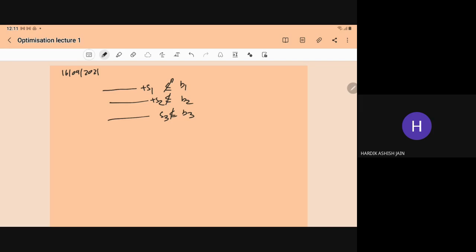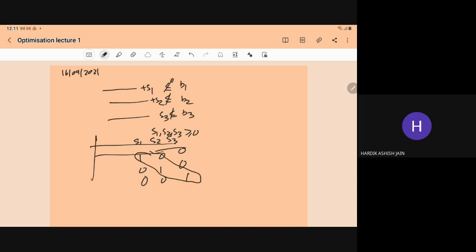So when we add s1, s2, s3 as slack variables, s1, s2, s3 greater than or equal to 0, their entries will be 1, 0, 0, 0, 1, 0, 0, 0, 1. So they will form the identity matrix. So the basic variables will be s1, s2, s3.